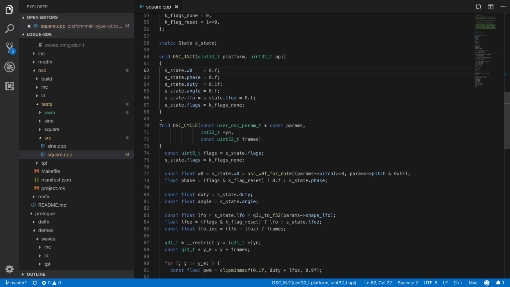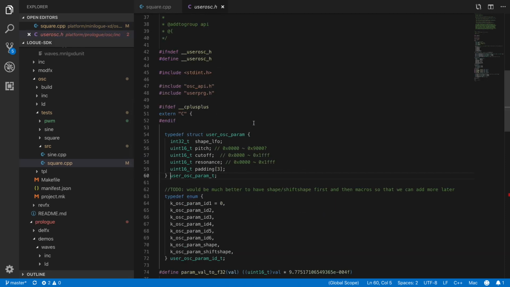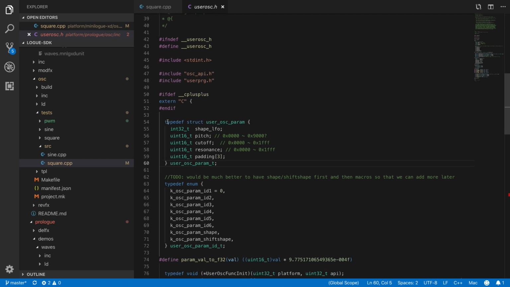The next callback is the oscillator cycle callback. It gets 3 arguments, and as we already saw, I'll just open that again. As you can see here, this is our type for the first argument in the callback. So we will get the shape, LFO amount, the pitch, the cutoff and the resonance.